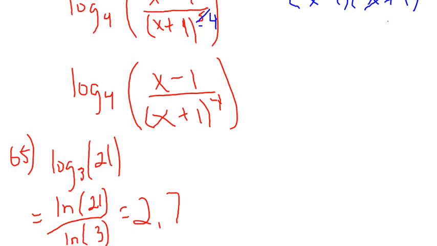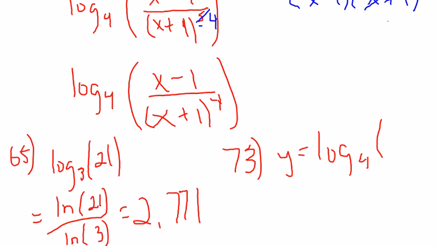You get a decimal of 2.771. Last one that I'm going to talk about, 73, is super similar to this. It is asking you to graph it on your calculator, which I can't show on this, but it says y equals log base 4 of x. To graph it, you're just going to use the same principle we used here.